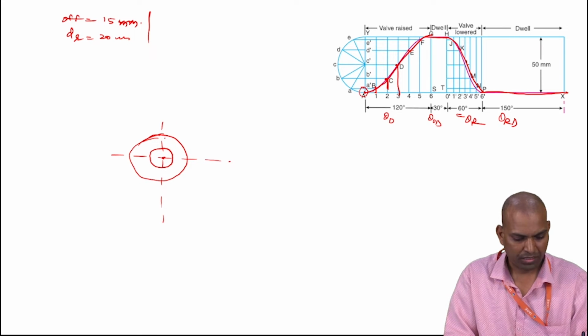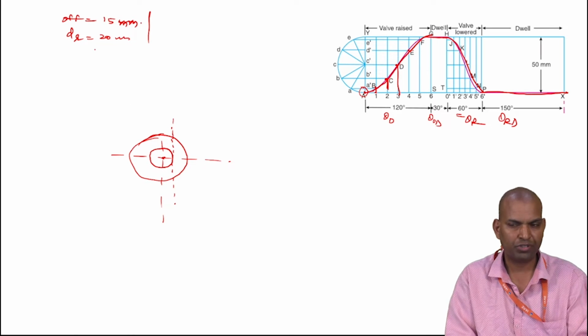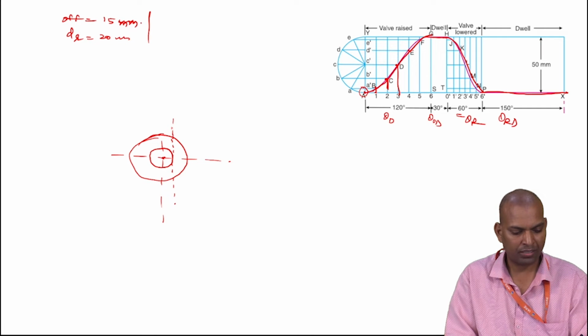Next, draw an axis line, an offset tangent line, and from this line take the distance of the roller radius. The diameter of the roller is 20 millimeters, so half of that is 10 millimeters, the center of the roller from this axis.